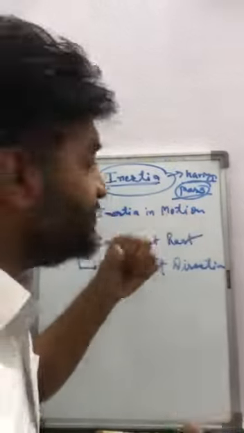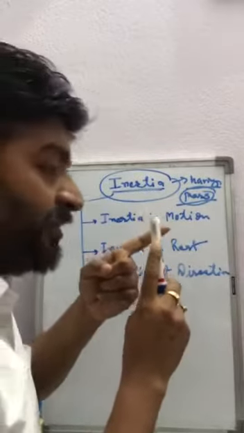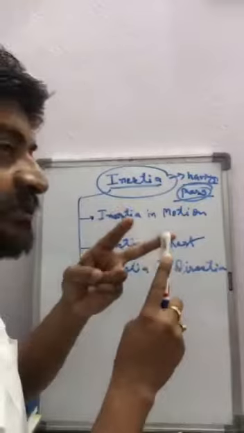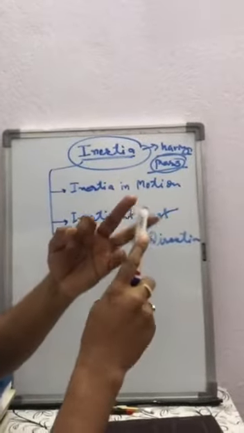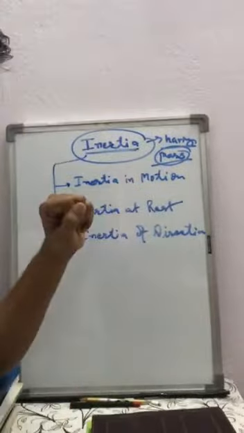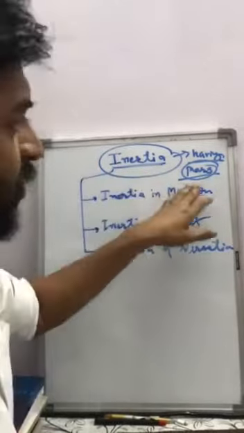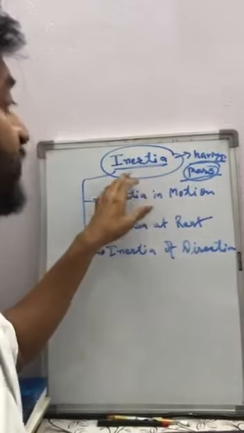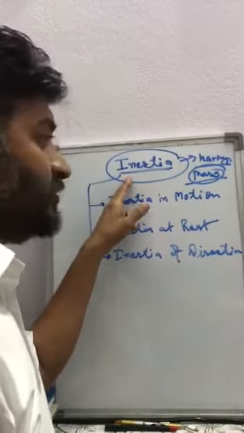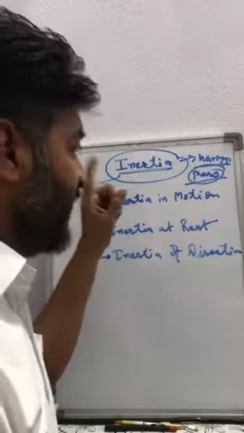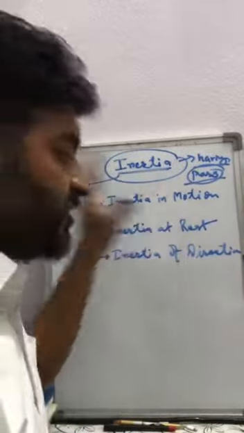How many types of these states? State either of absolute rest, state of uniform motion, or the state of a specific direction. So inertia is defined as the property of a massive body by virtue of which it maintains its state of absolute rest, uniform motion, or a specific direction.